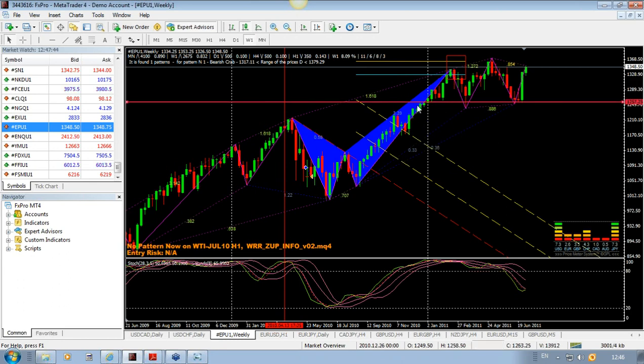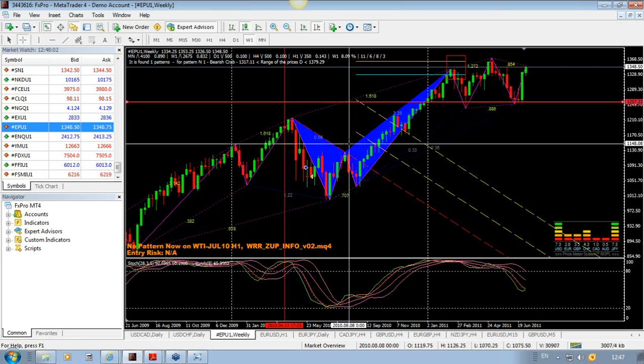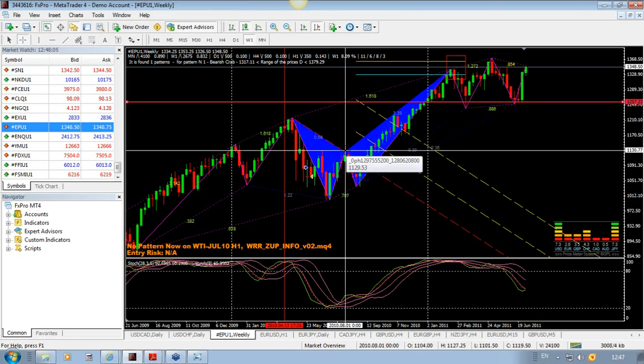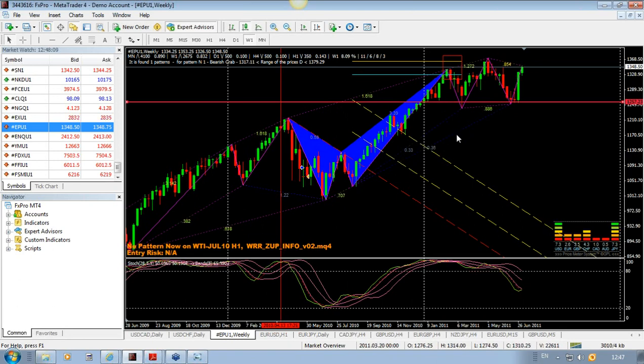Here, this range. Two highs that were stopped. It's a weekly chart, that's why it's good enough. Then break and stop again on the line. That's the first target. The second target could be here. Very important to remember.